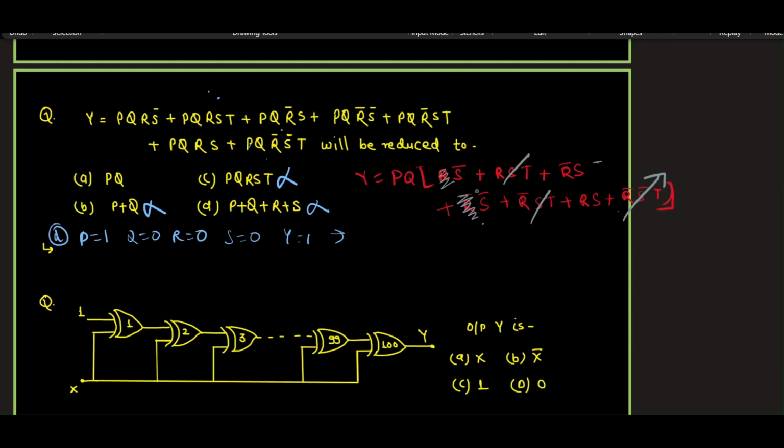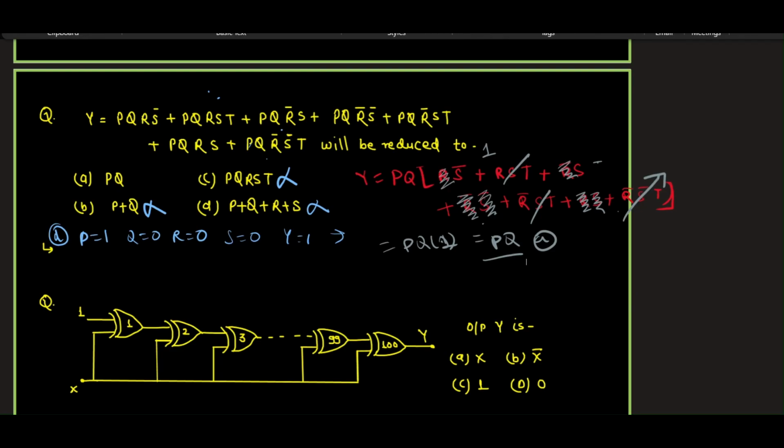And S bar plus R bar S, from S times R bar S plus RS will give us S itself. Only S will remain. Then S plus S bar will become 1. So ultimately it will be PQ into 1, so it will be PQ itself. So option number A is correct.